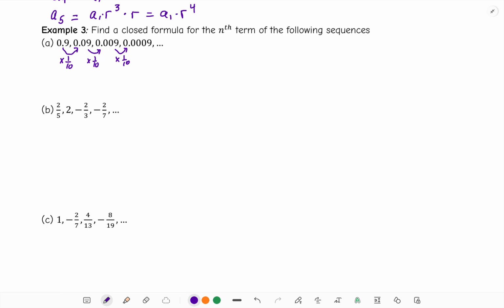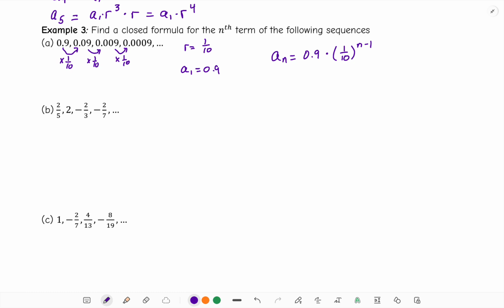If, for example, you were adding 2 zeros in front of the 9 each time, that would be 1 over 100. So this is geometric with r equal to 1/10, and a1 is equal to 0.9. So then an is equal to 0.9 times 1/10 to the n minus 1. And there's our sequence.